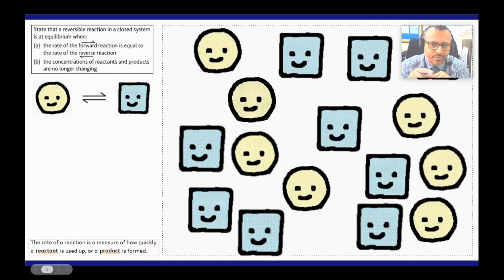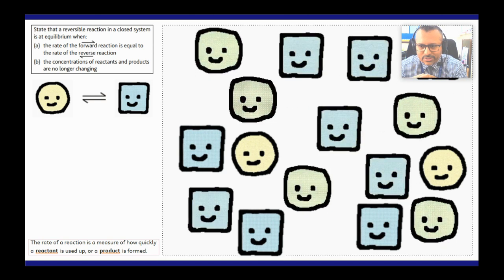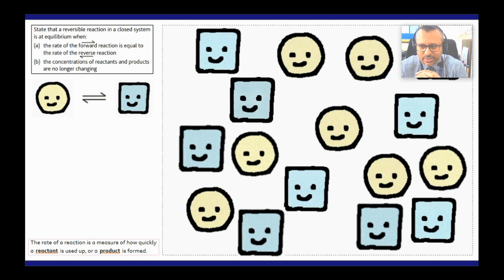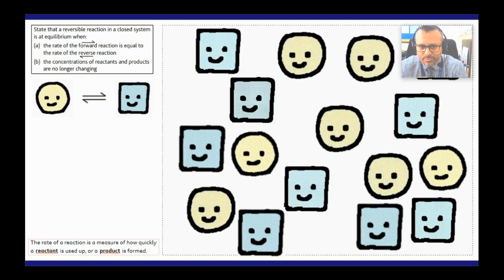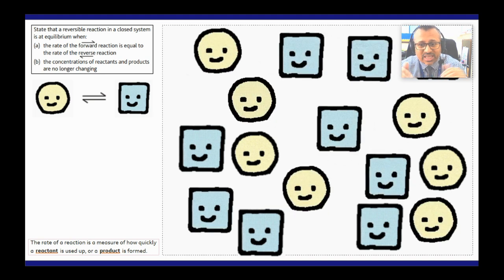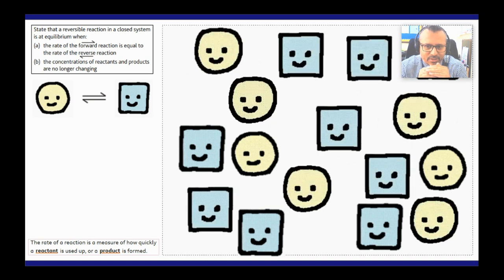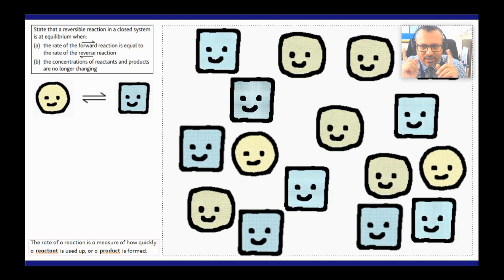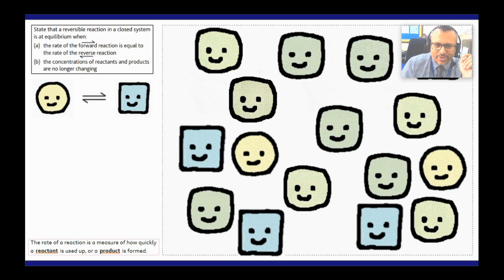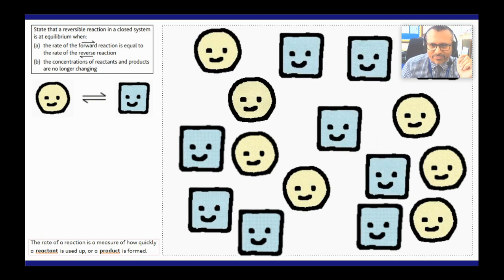It's very important to notice, and this is something I've purposely put into this diagram, that a reversible reaction being at dynamic equilibrium does not mean that the concentrations of the reactants and the products are exactly the same. Look at this diagram and count at any moment how many blue squares there are. 1, 2, 3, 4, 5, 6, 7, 8.